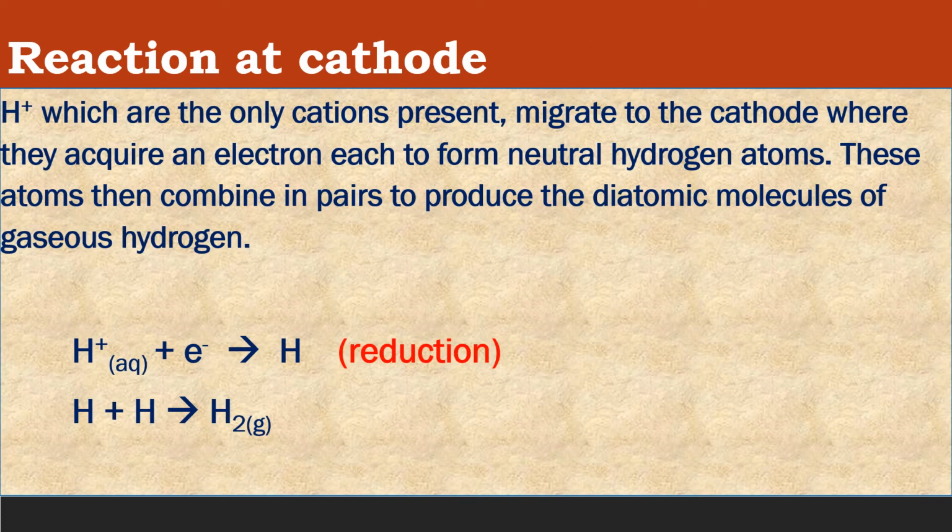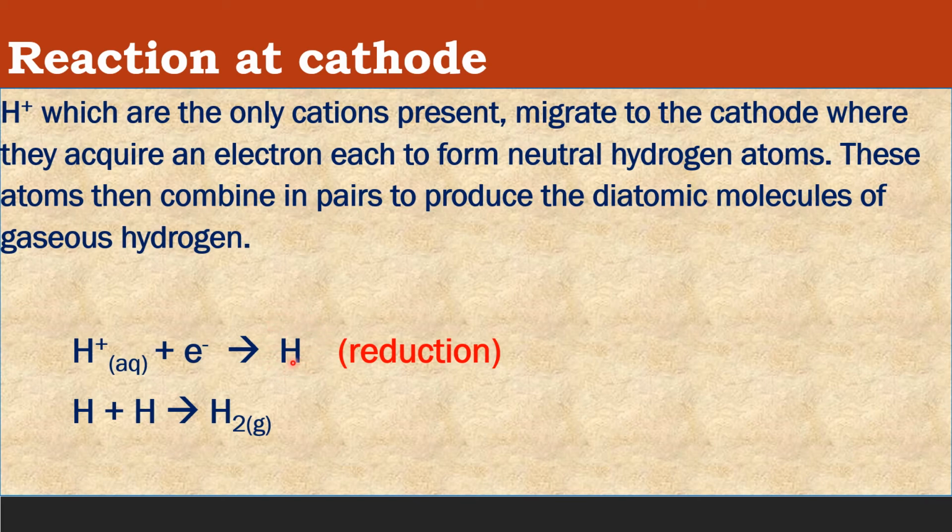Reaction at the cathode. All the hydrogen ions present in this electrolysis will migrate to the cathode, and they will then begin to gain one electron each. So this is hydrogen ion gaining one electron here, and then forming a neutral hydrogen atom.